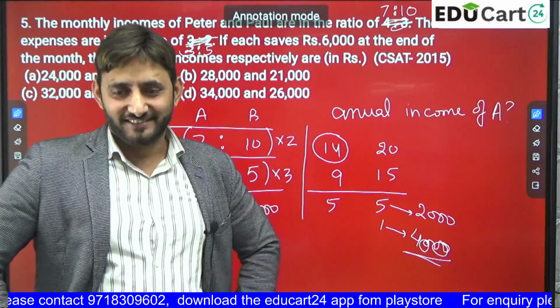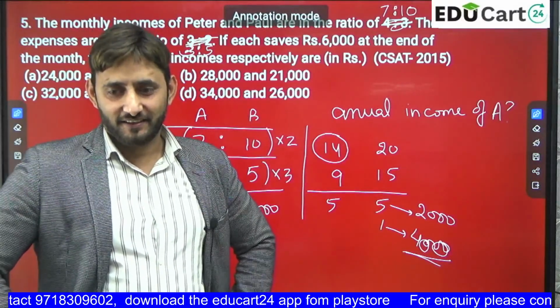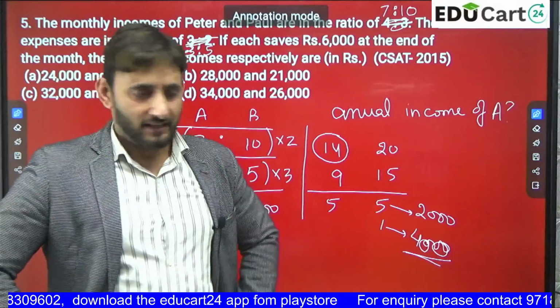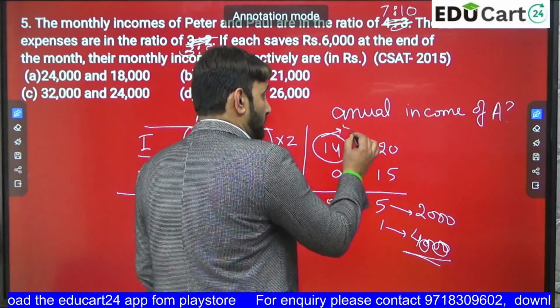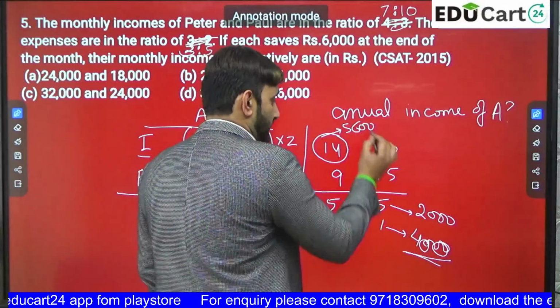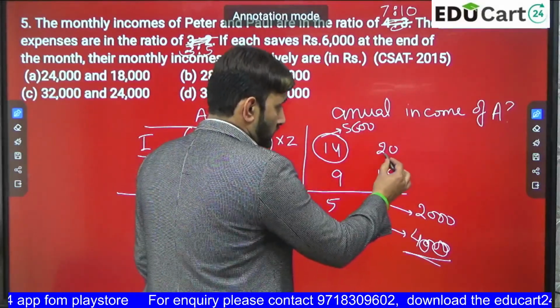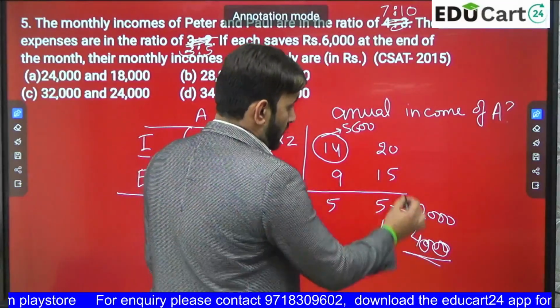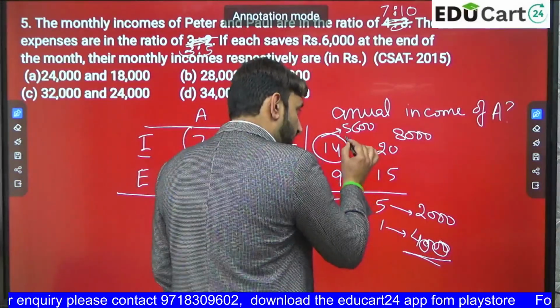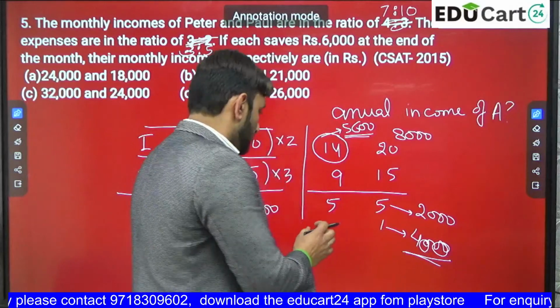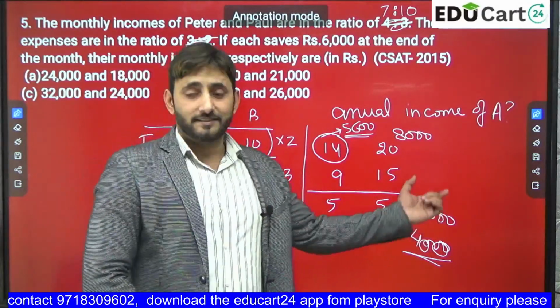Got it now? If one part is 400, then their incomes will be 14 into 400, 5,600 rupees, and 20 into 400, that is 8,000 rupees. These are their monthly incomes because 2,000 was the monthly saving.